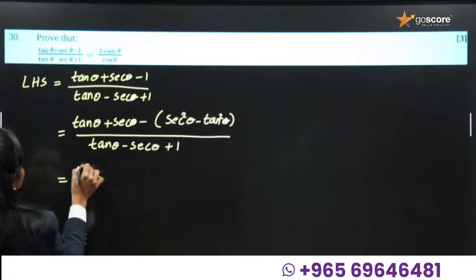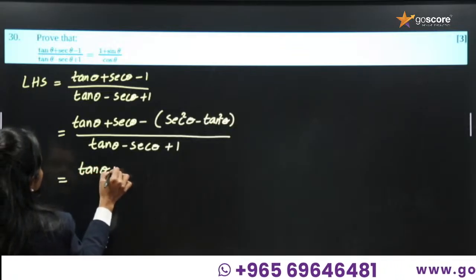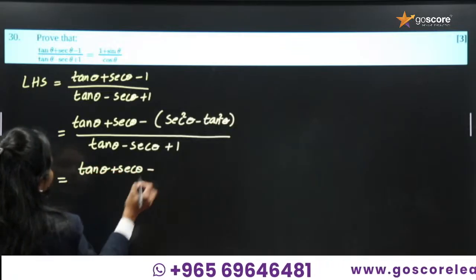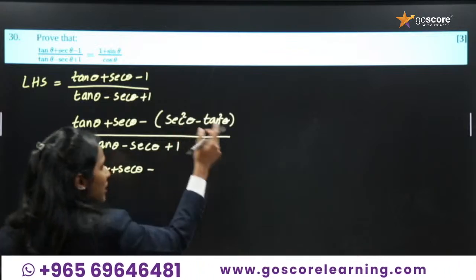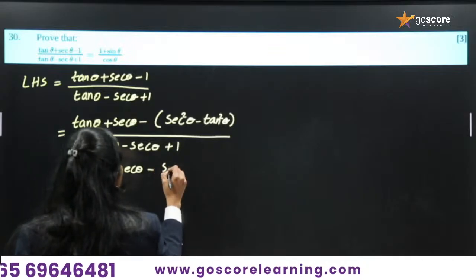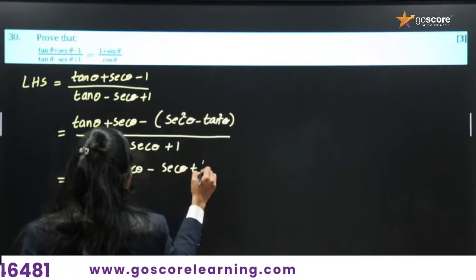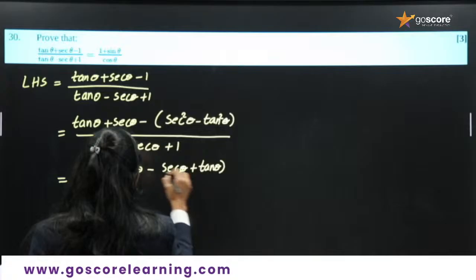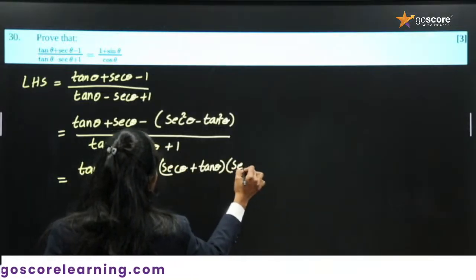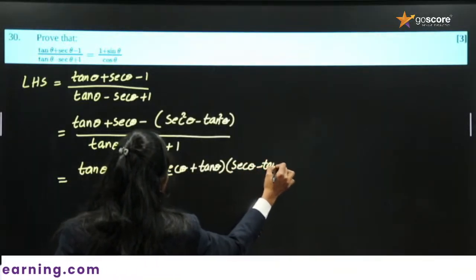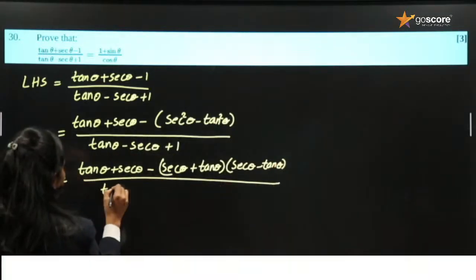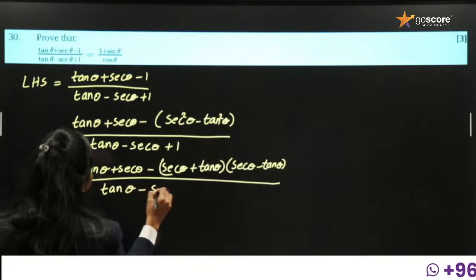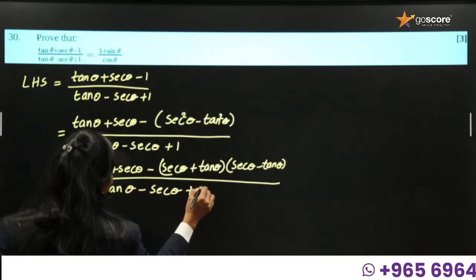And tan theta plus sec theta minus the sec square theta minus tan square theta will be a square minus b square form. So you can write sec theta plus tan theta into sec theta minus tan theta, all divided by, the denominator is same, so tan theta minus sec theta plus 1.